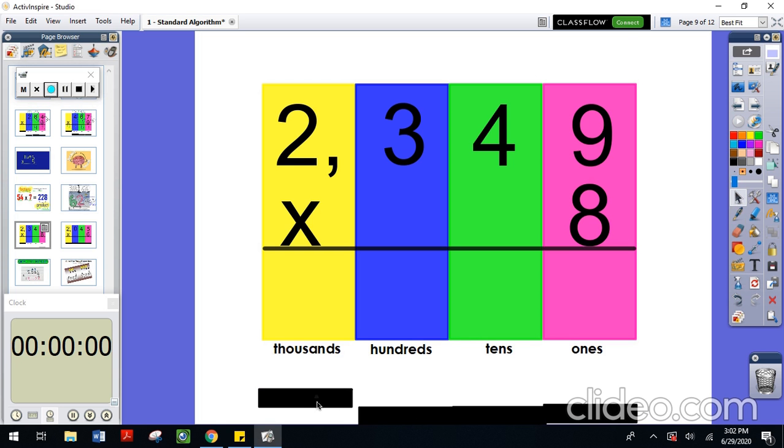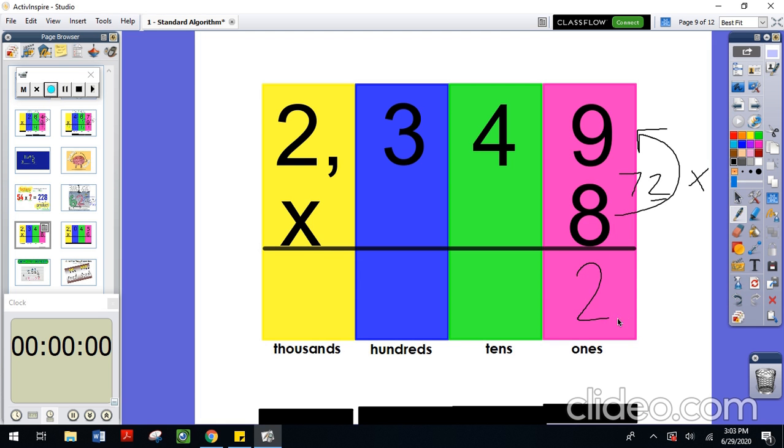Correct, that is the thousands place. So we're going to follow the same steps, and we're going to start by multiplying 8 times 9. Now, we know that 8 times 9 is 72. So we're going to take the 2 and put that on bottom. The 7 is going to go on top.